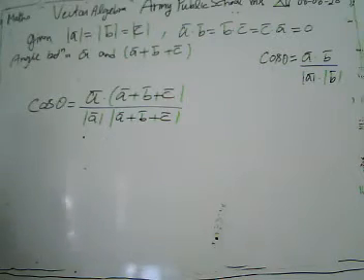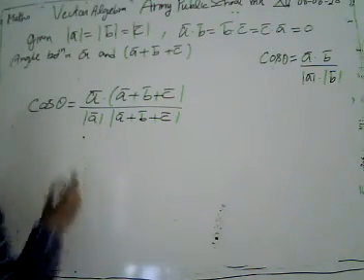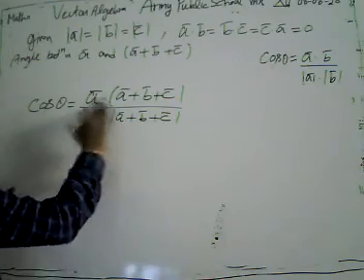Now look, what do we get? Cos theta is given by, and we have to further solve it because it's a dot product.